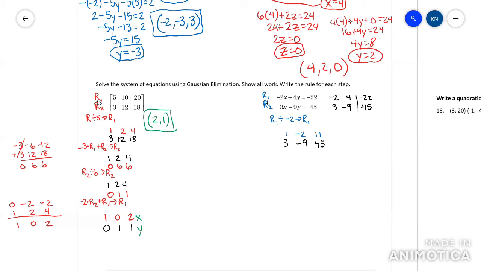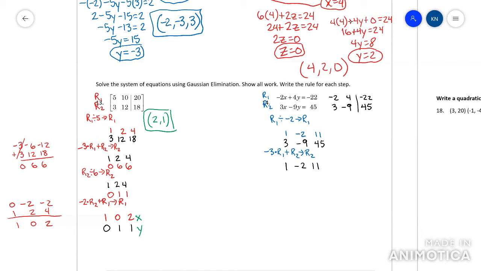All right, next, I want to get this to say 0 here. So I'm thinking, what if this said -3? Then it would work. So I'm going to do -3 times row 1, add it with row 2, and write it in the row 2 spot. So row 1 is not going to change: 1, -2, 11.